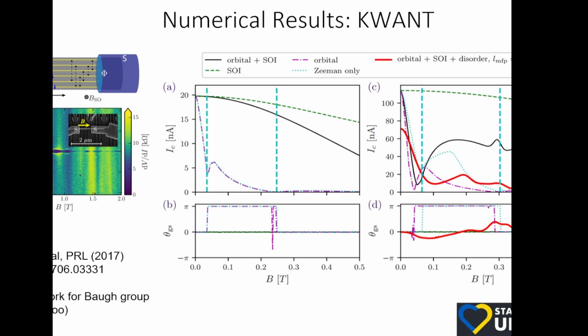You scatter from one mode to the other, and you make a loop in this space of modes, and you enclose flux by doing that. And you have destructive and constructive interference of these wave functions. But another thing you have is, if you add spin orbit in the mix, you get this phi junction effect, because that comes from spin orbit.